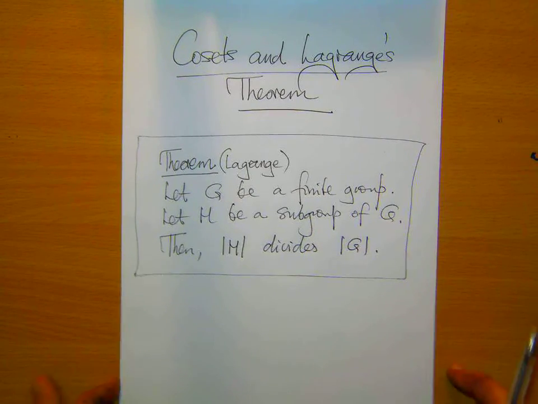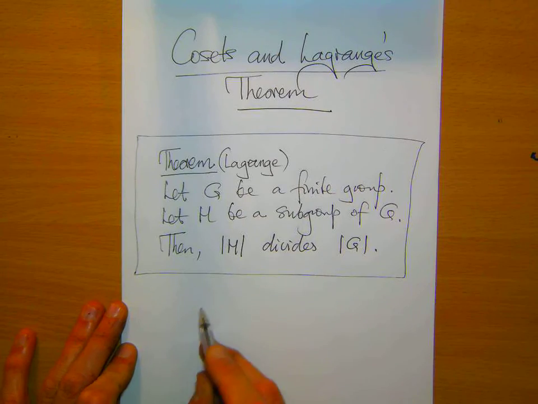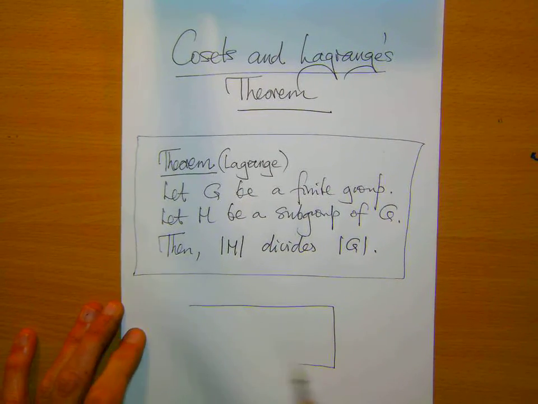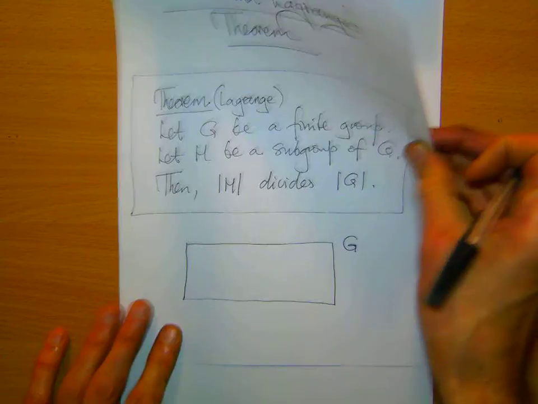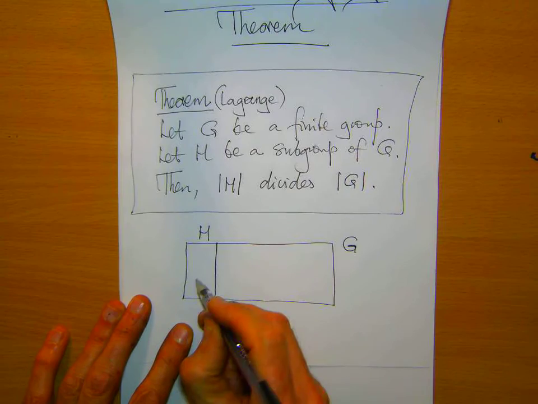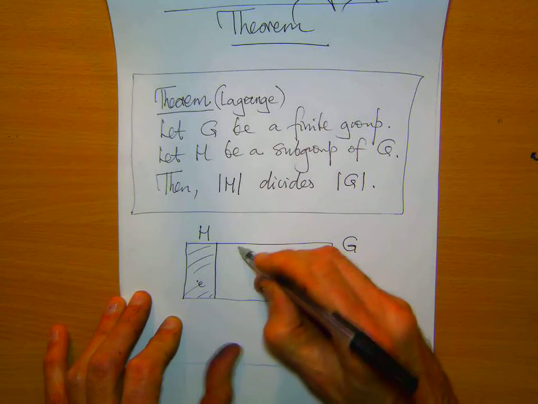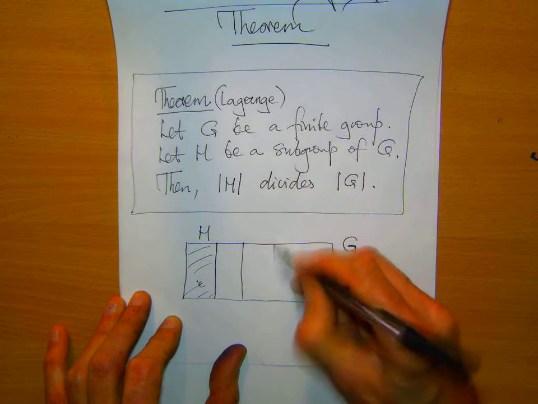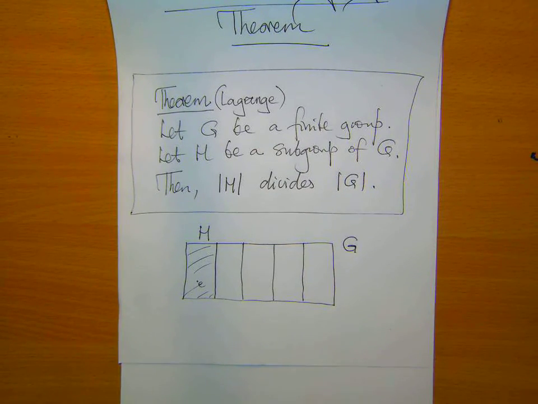And we're going to prove that using what's called the coset decomposition. So essentially what we're going to do is we're going to take our group and, given a subgroup, so there's our subgroup H, we're going to construct a partition of G starting from the subgroup, which I like to think of as giving you a kind of bar of chocolate picture.